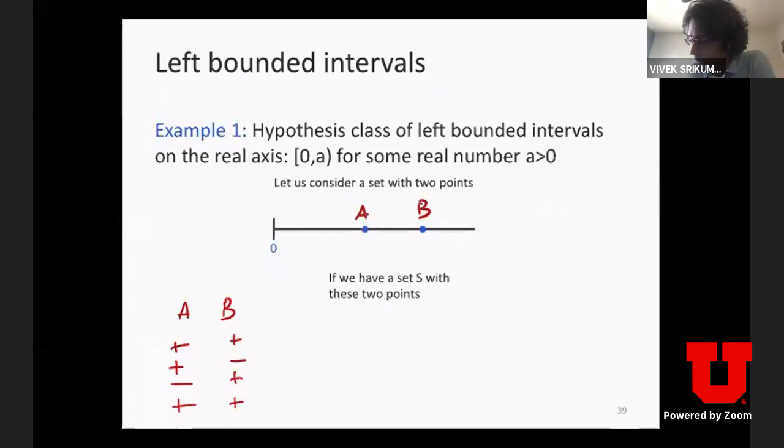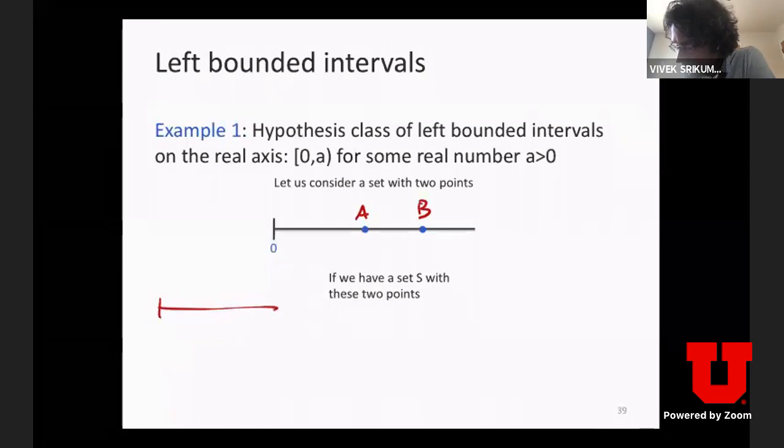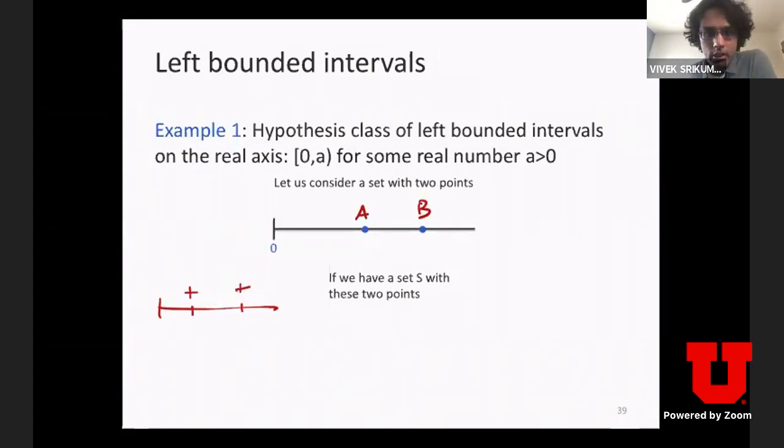So let's consider the 4 possible cases. First, I'm going to draw all of them here. This is A and B, so you have plus plus. If I have plus plus, then I can choose the classifier defined with a little a to be somewhere here, and that says everything inside this is positive. So if both points are labeled as positive, of course you can do that.